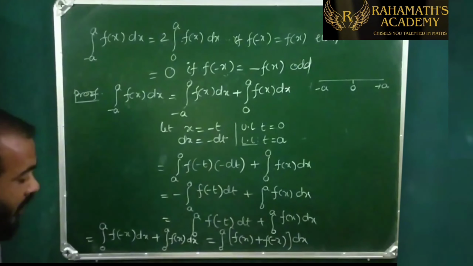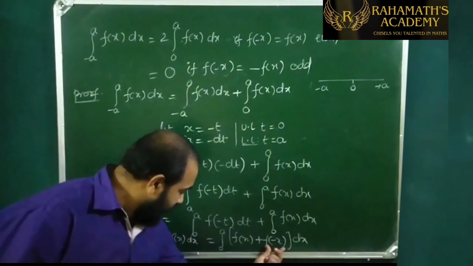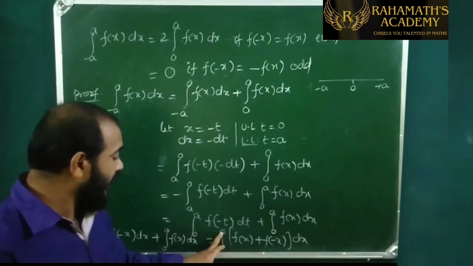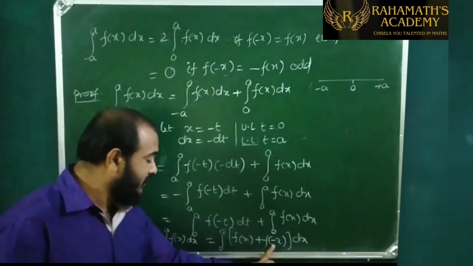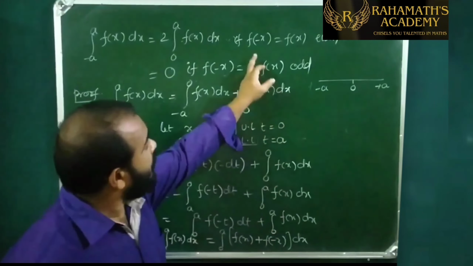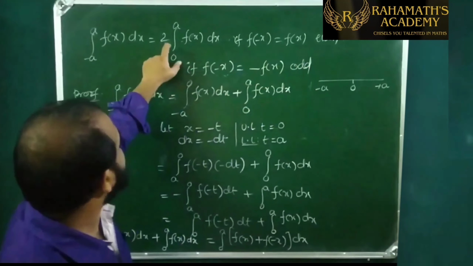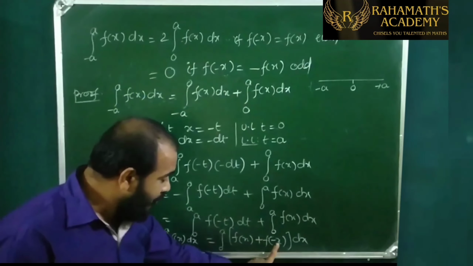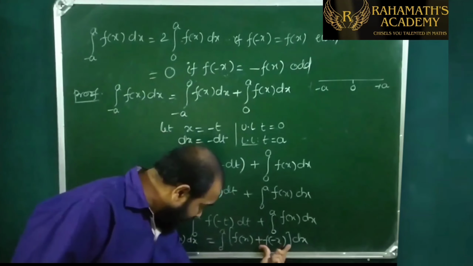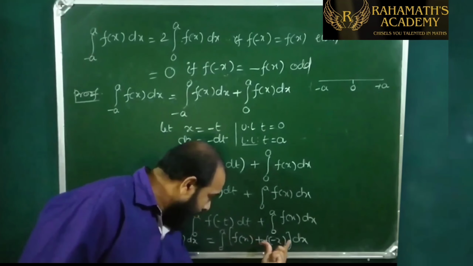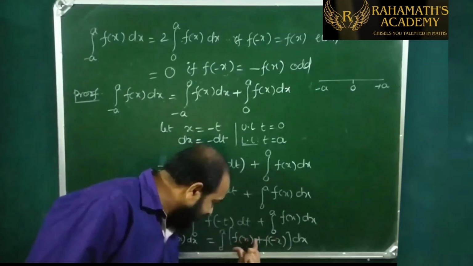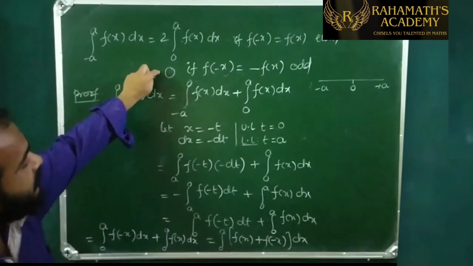So now, if f of minus x is plus f of x, then 0 to a f of x plus f of x, 2 integral 0 to a f of x dx. And if f of minus x is equal to minus f of x, this plus f of x minus f of x gets cancelled. So we are left with 0.